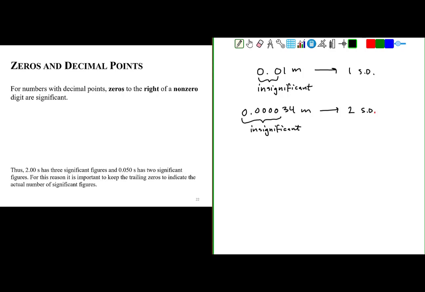For numbers with decimal points, zeros to the right of a non-zero digit are significant. Let's take the number 2.00 seconds.